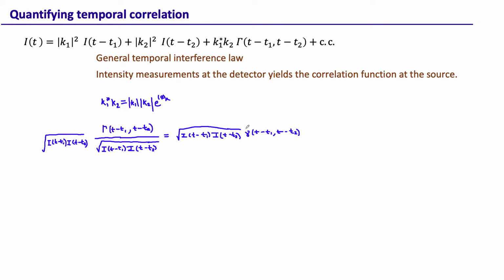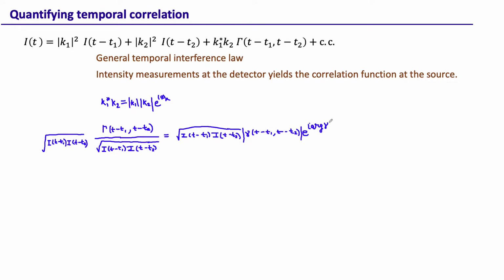Okay, so this is the complex degree of coherence function. We can take its mod, the absolute value, and then it also gives us e to the i argument of gamma. That's the mod of gamma, and that's the argument of gamma.